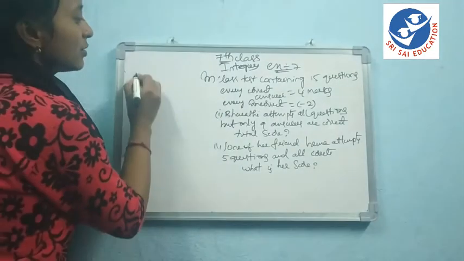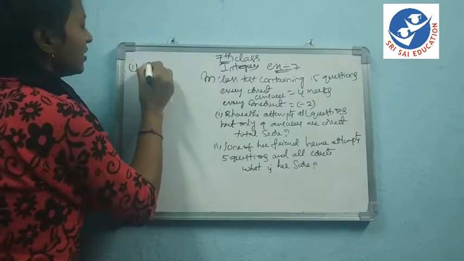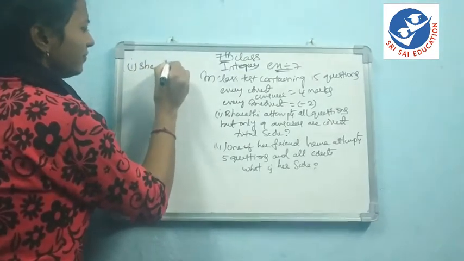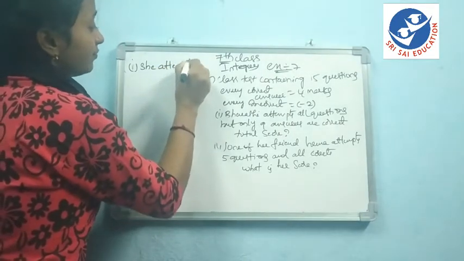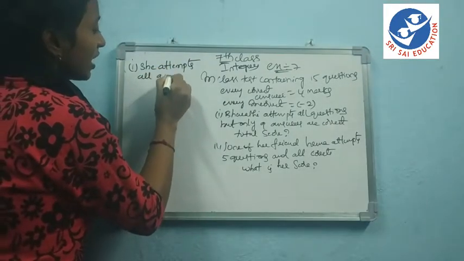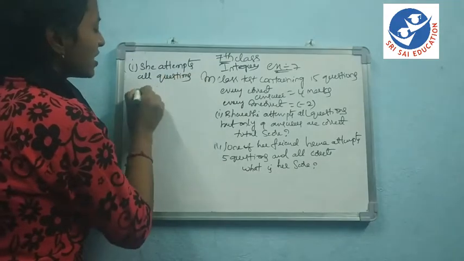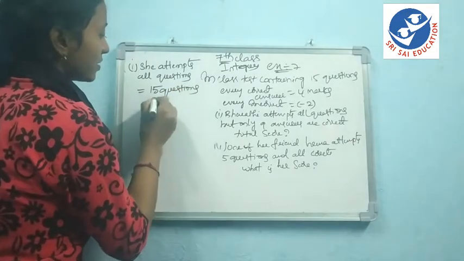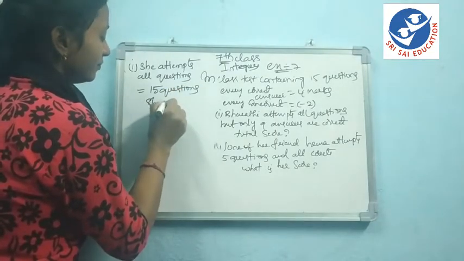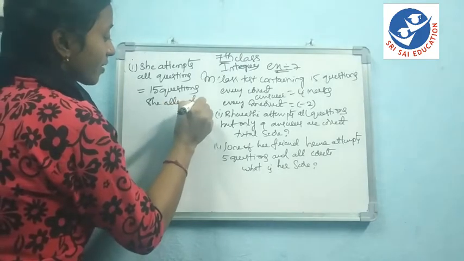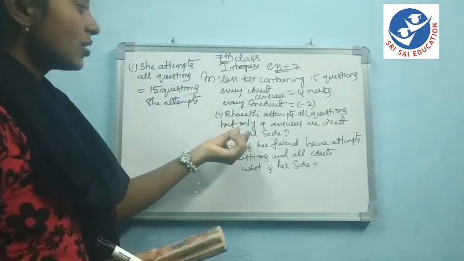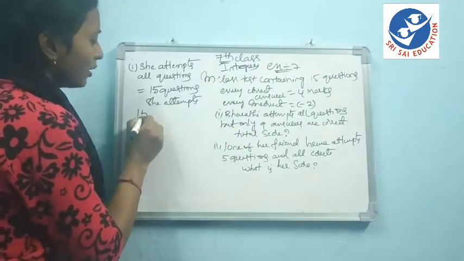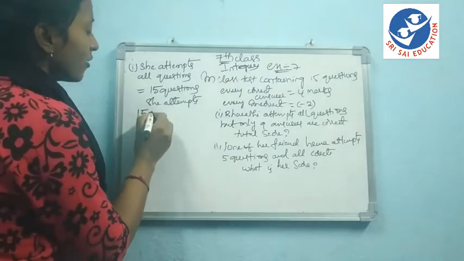Bharati attempts all questions. That means she attempts 15 questions. But only 9 answers are correct.